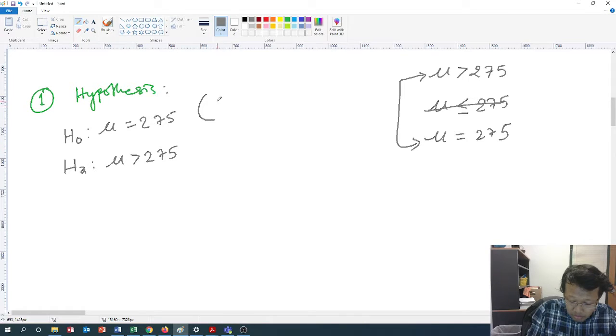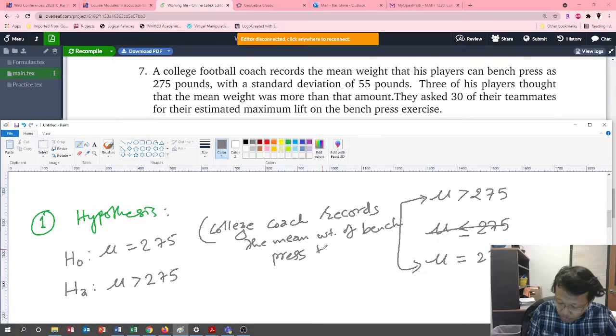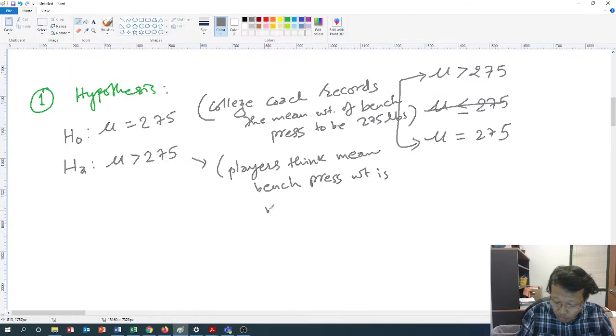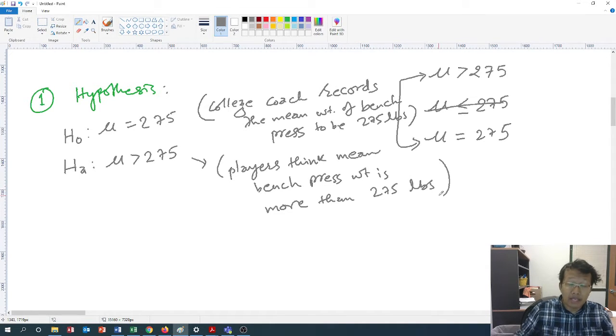The college coach says 275 pounds, and the players think more than 275 pounds. I wrote down these two hypotheses, null and alternative, and their descriptions, because the descriptions will help us write down the conclusion at the end.